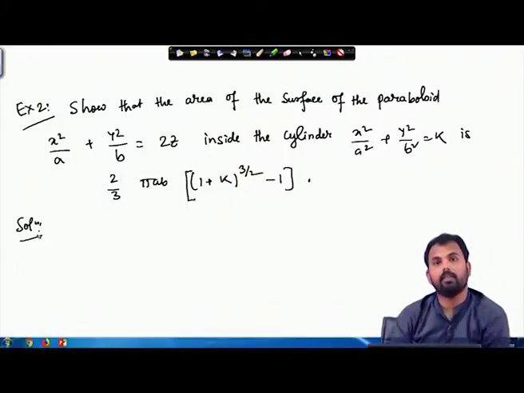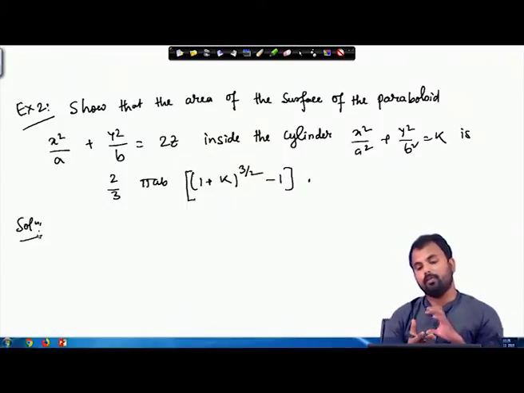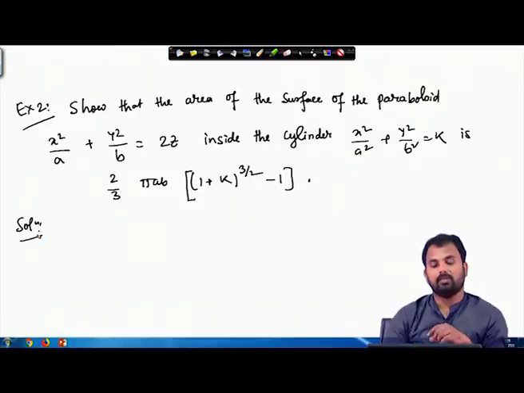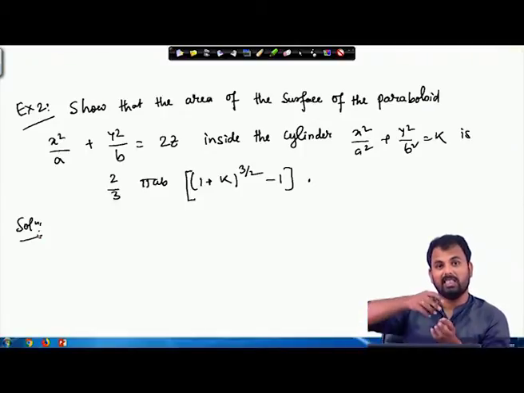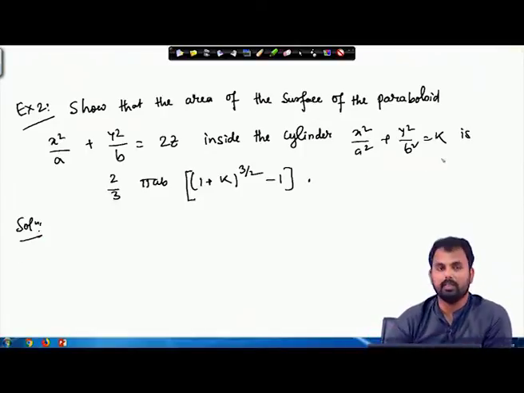So instead of having two regular cylinders, we have one of them as a paraboloid, and it is in a way cut off, or it is inside that cylinder given by this equation.